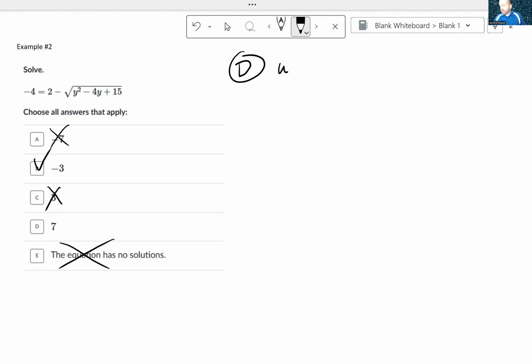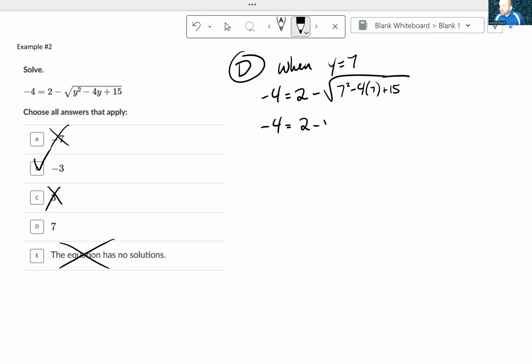So for D is when y equals 7. We did negative 7 earlier. Negative 4 equals 2 minus the square root of 7 squared minus 4 times 7 plus 15, all under the square root.